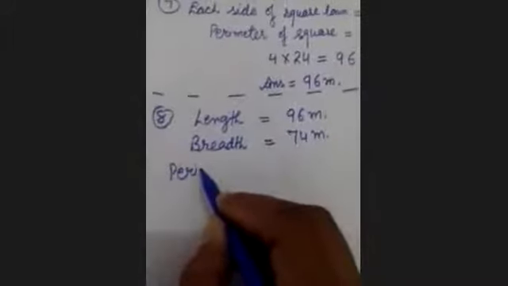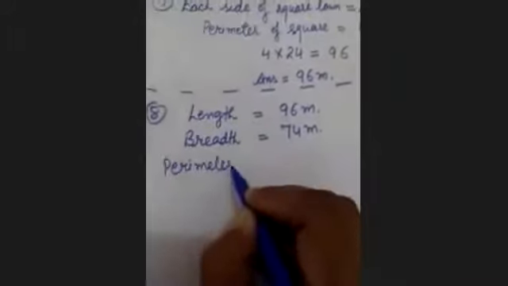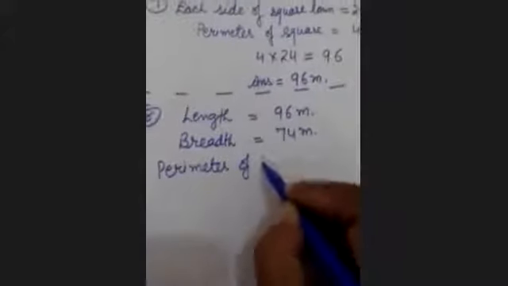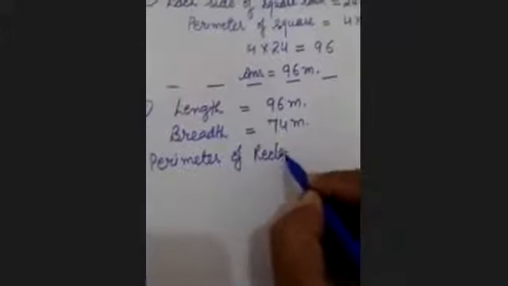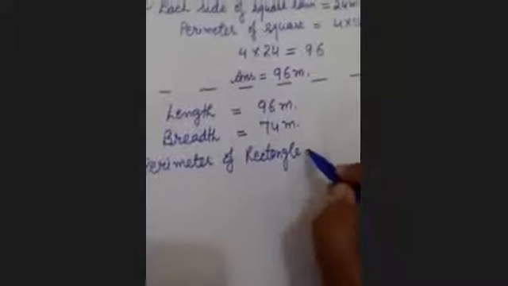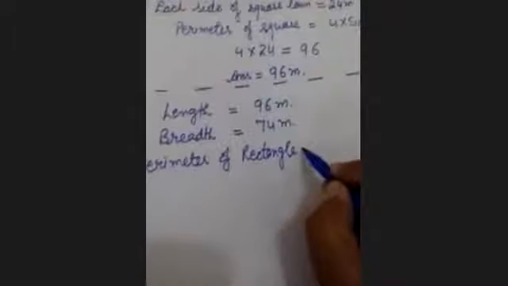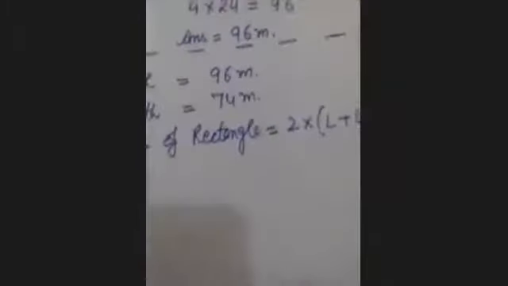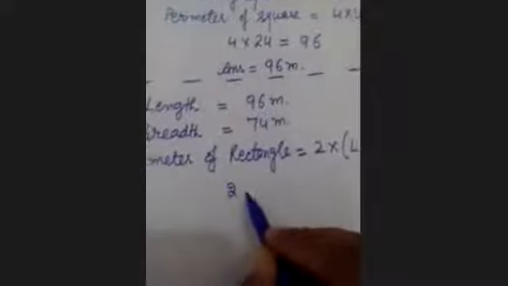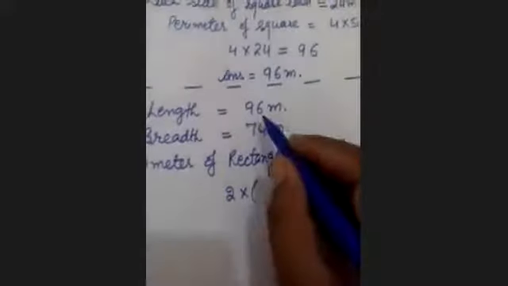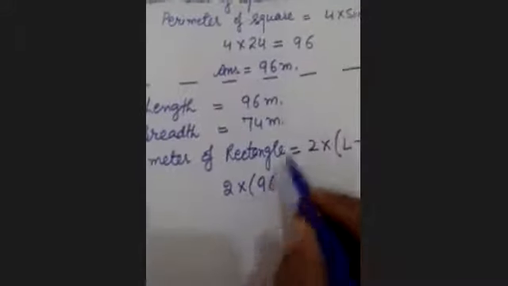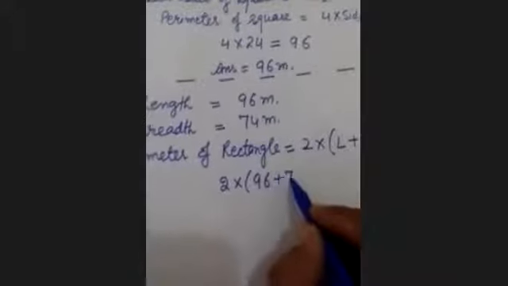Perimeter of rectangle is 2 into length plus breadth. Clear, students? Now 2 multiply length is 96 and breadth is 74.